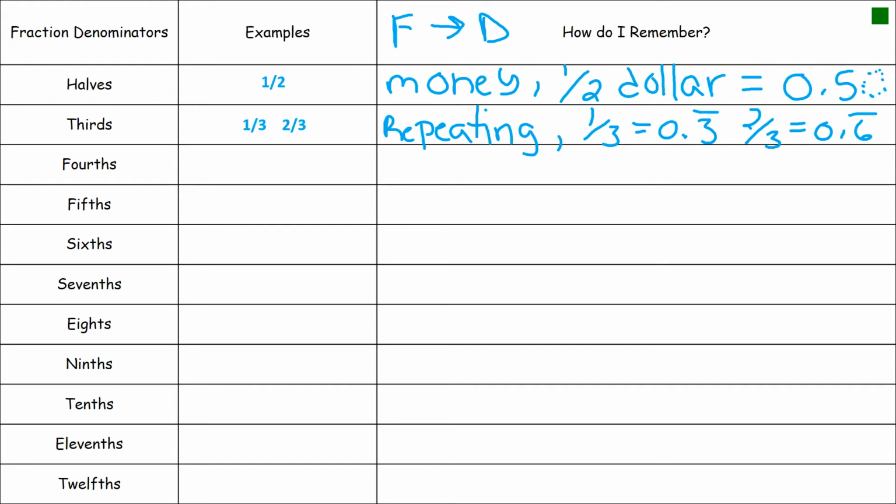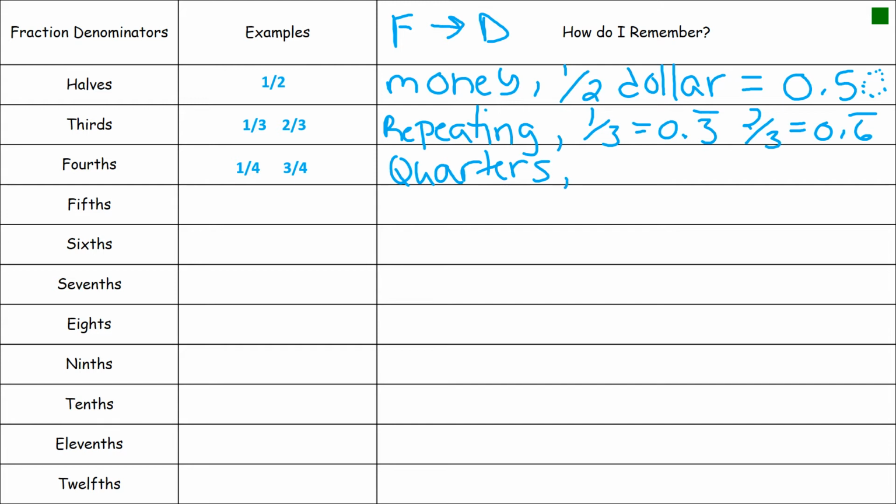When I move on to fourths, I have 1/4 or 3/4. The reason I didn't list 2/4 is because 2/4 was simplified to a half, and then you could use the rule for converting 1/2 to a decimal. So 1/4 or 3/4. And with these, again, I normally think of money and I think of quarters, right? Like the money quarters, because a quarter is 25 cents.